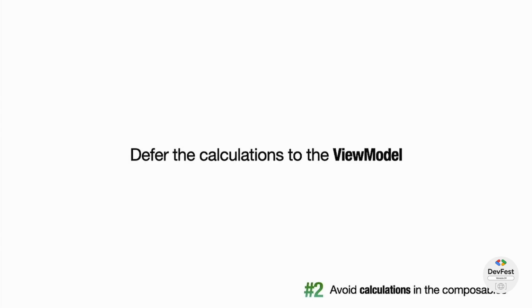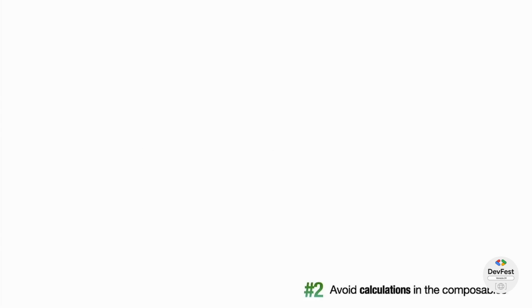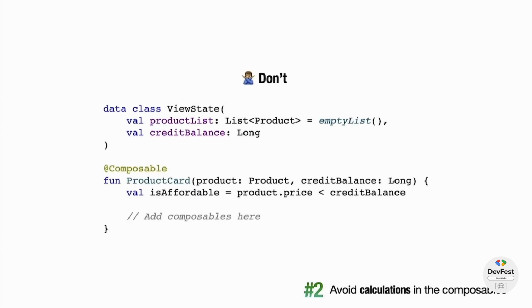The first one is deferring the calculations to the view model. So imagine this. We have this view state data class. We have a product list and we have a credit balance, right? In our composable, we are making a mistake because we are calculating is affordable. You can say this is a very simple comparison, just less than.